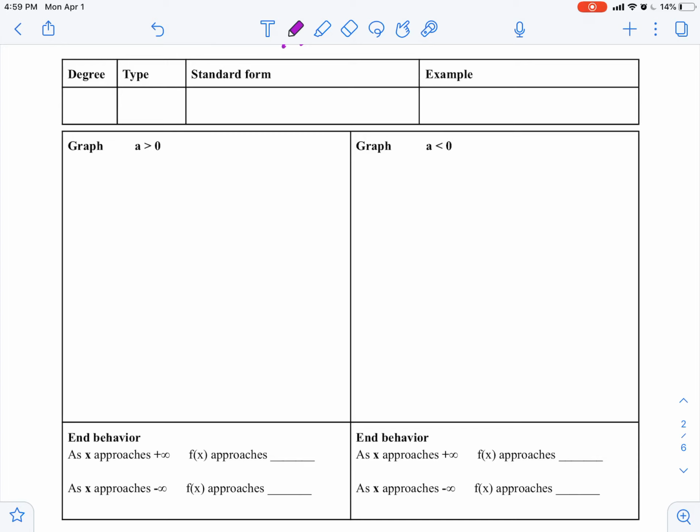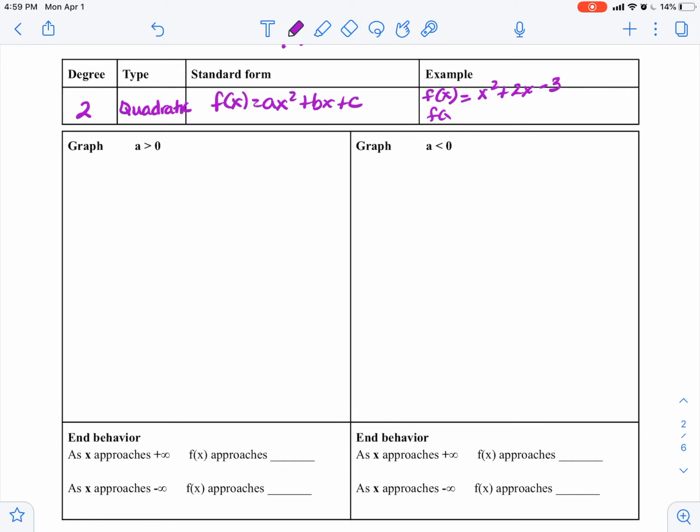A quadratic is of degree 2. Its basic form is ax squared plus bx plus c. An example might be x squared plus 2x minus 3.